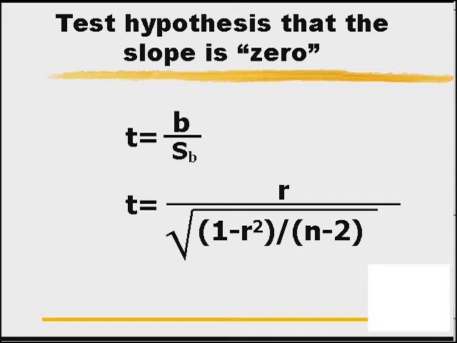So this is different than what we have just done. What we have just done is show you the 95% confidence interval and the test of the significance of the unstandardized regression coefficient, or the b. So don't get them confused.